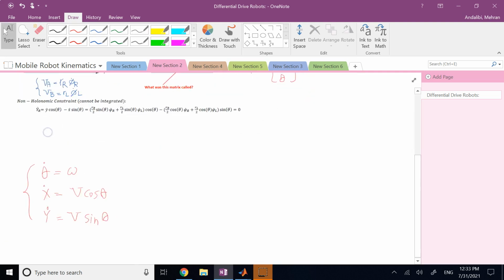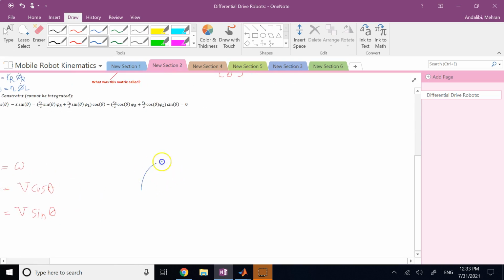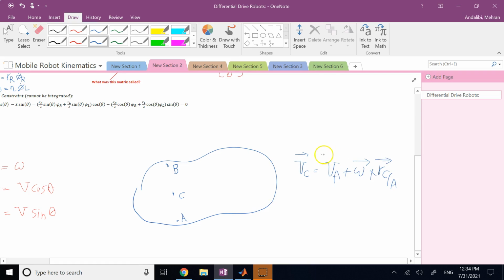Why is that? Well, if I have this rigid body in general, and this is C, this is A, this is B, and they are mirror images of each other with respect to C. So V of C, as you know, is equal to V of A plus omega of the rigid body cross R of C with respect to A, correct?